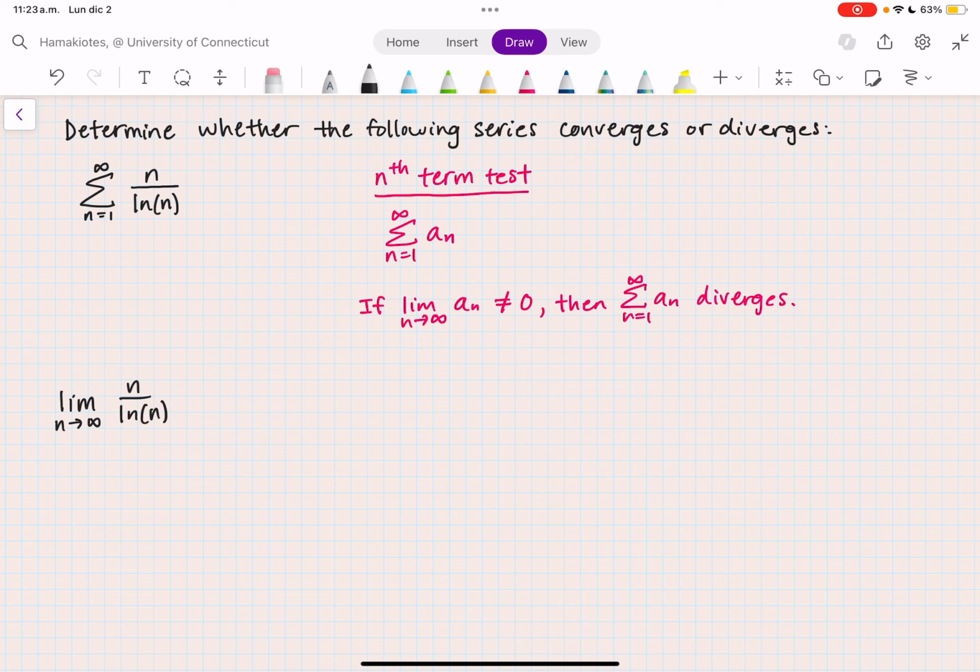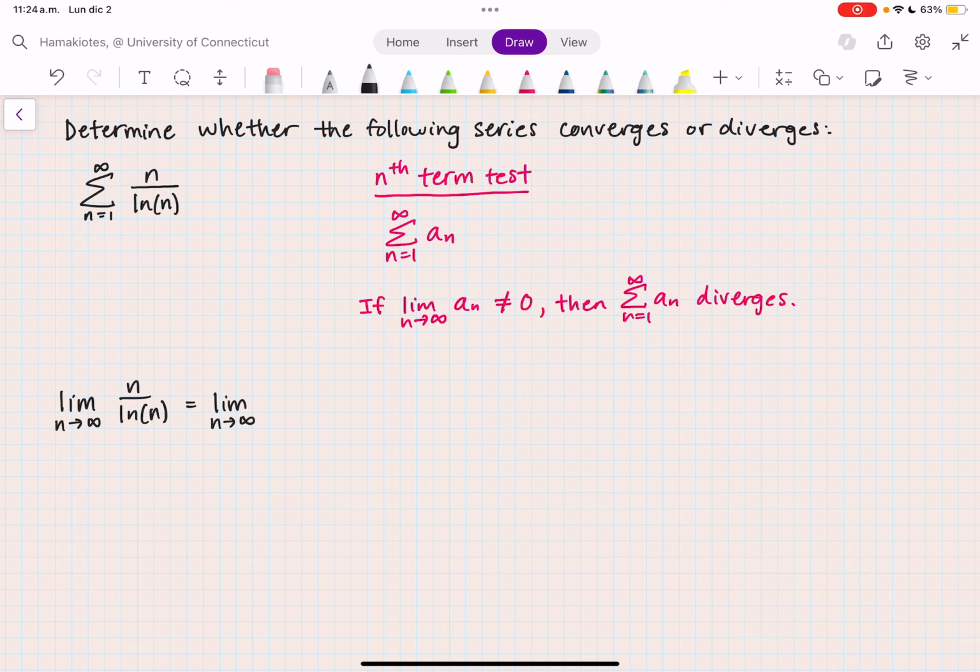Now, as n approaches infinity, the numerator is approaching infinity, and so is the denominator. So since we have infinity over infinity, we can use L'Hopital's rule, which tells us that this limit is equal to the limit of the derivative of the numerator over the derivative of the denominator.